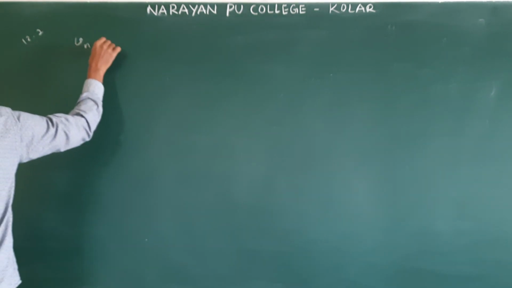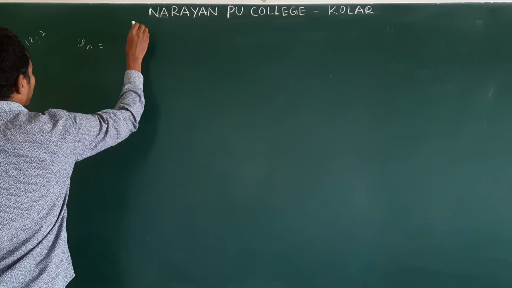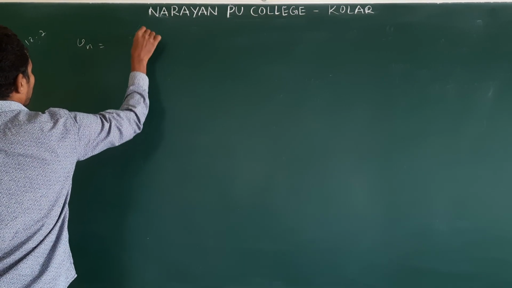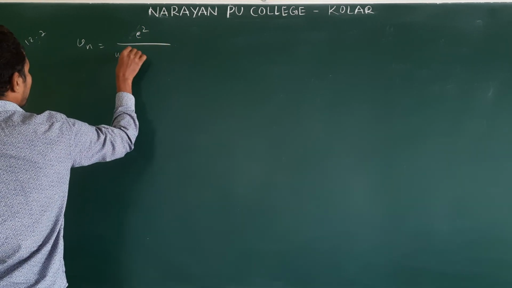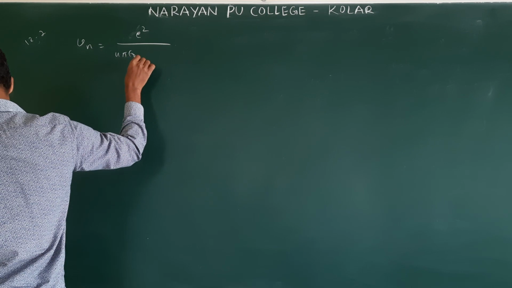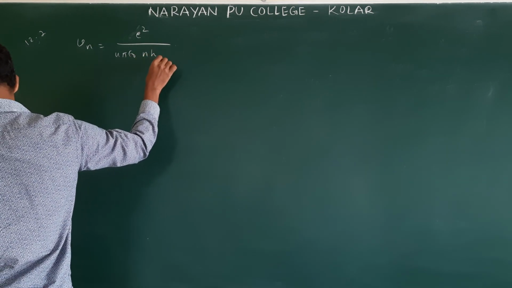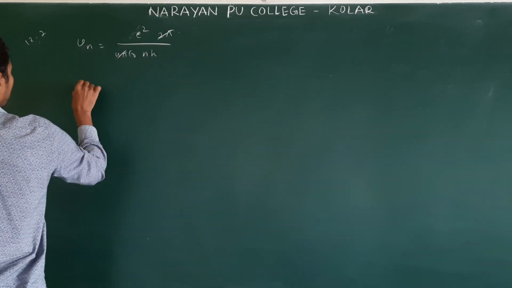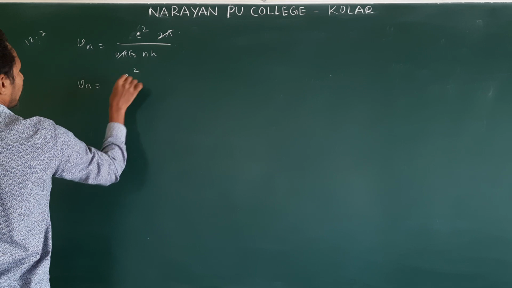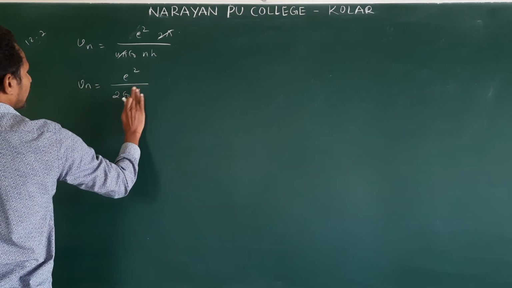Velocity of the nth electron formula is e square by 4 pi epsilon naught, n h by 2 pi. 2 pi, 2 times cancel. Vn is equal to e square by 2 epsilon naught n h.